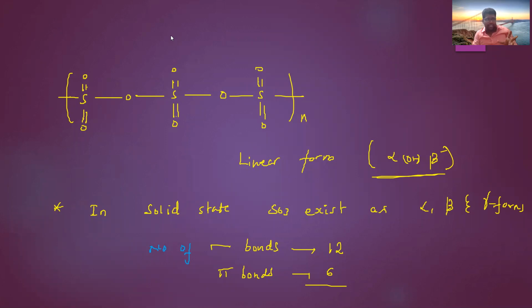Among alpha, beta, gamma, the alpha form is the most stable because it is made of cross-linked chains. Why is it most stable? This is the most stable form. Because it is made of cross-linked chains, that's why it is most stable. Write that point also as the last point.